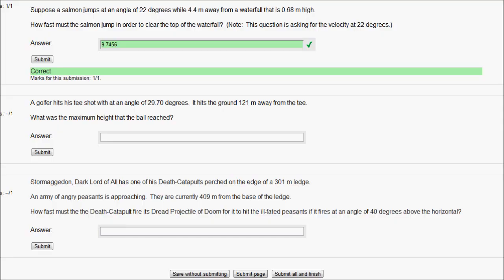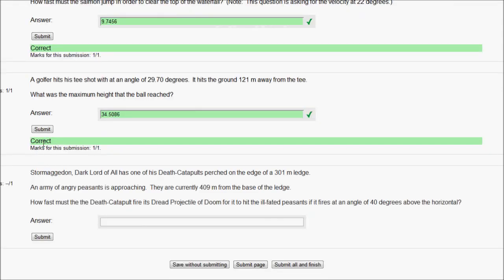And let's check it. So we have 34.5086. Checking it. And here we go.